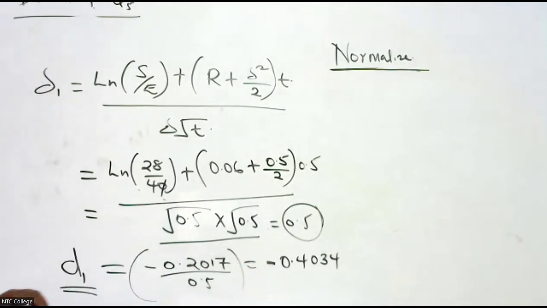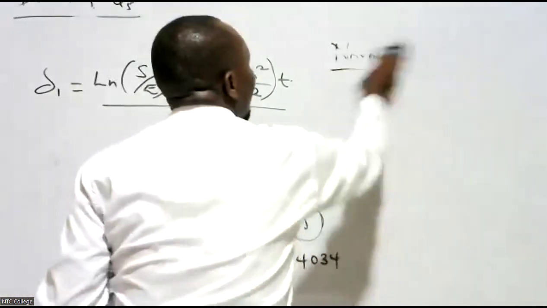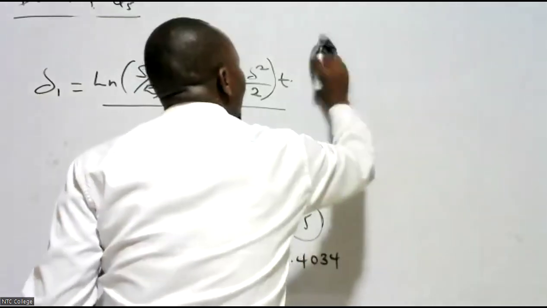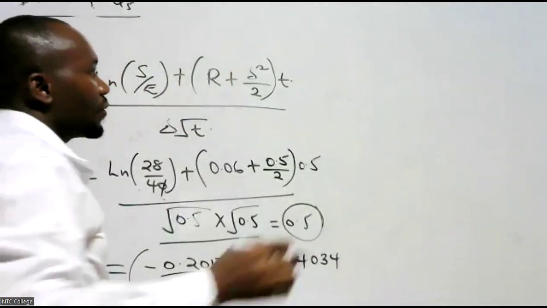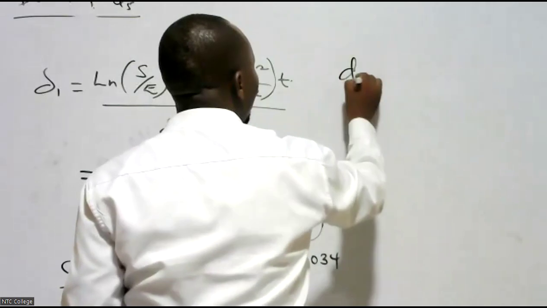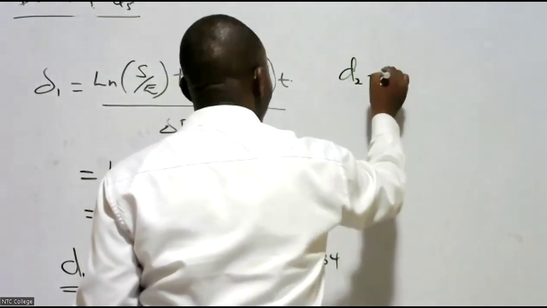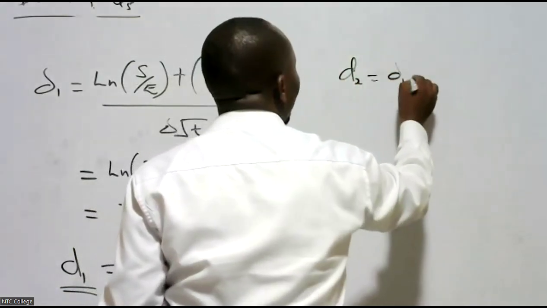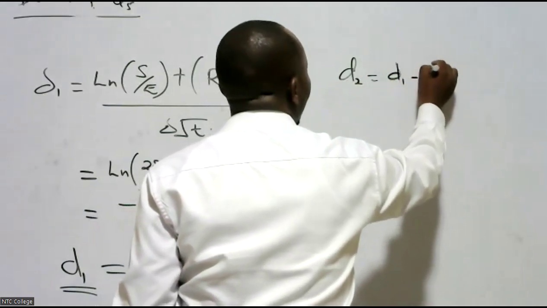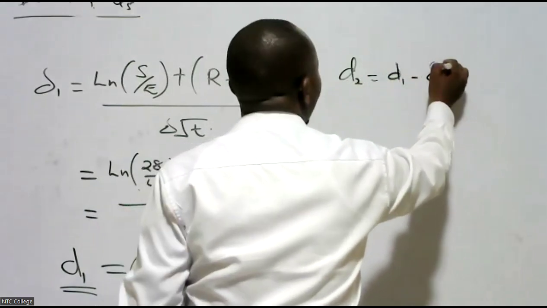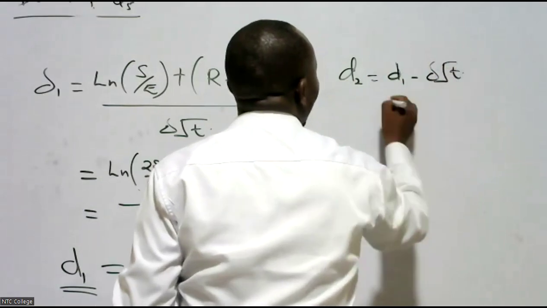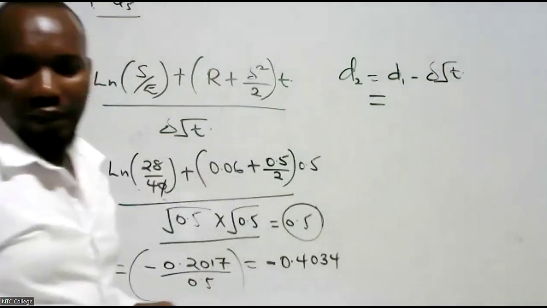So from here, we can get D2. Before you come to ND2, you can come to D2. So D2 is D1 minus... Can somebody get me that one? What does it mean?